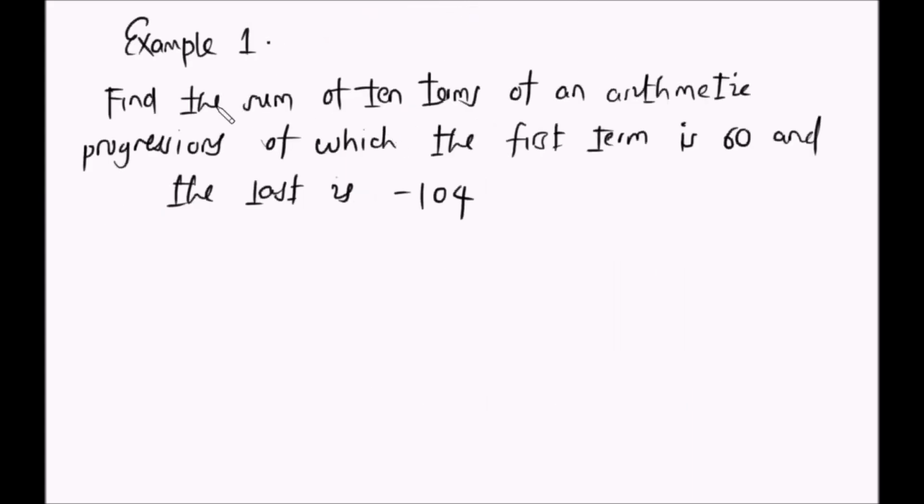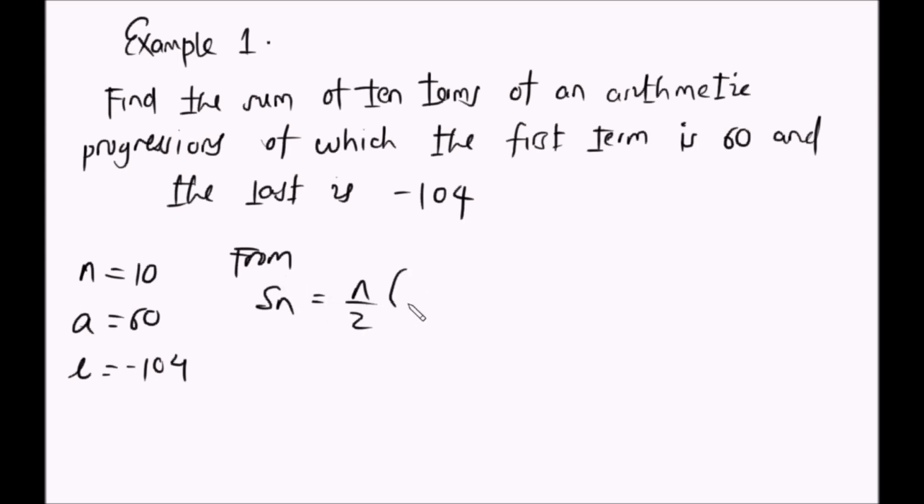This is example 1. Find the sum of 10 terms, so n, the number of terms, is 10, of an arithmetic progression of which the first term A is 60, the last term L is negative 104. We know that the sum of n terms is n over 2 times A plus L. So the sum of 10 terms will be 10 over 2 times the first term, 60, plus negative 104.